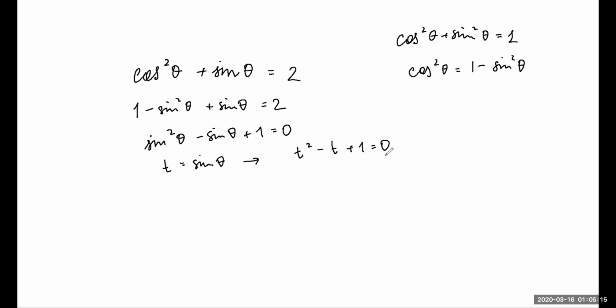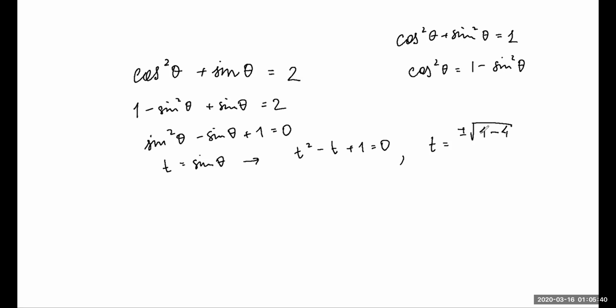I think what we do, start doing the formula, t equals plus minus square root of 1, right? This coefficient is squared, minus 4ac, right? So 4 by 1 is going to be minus 4.